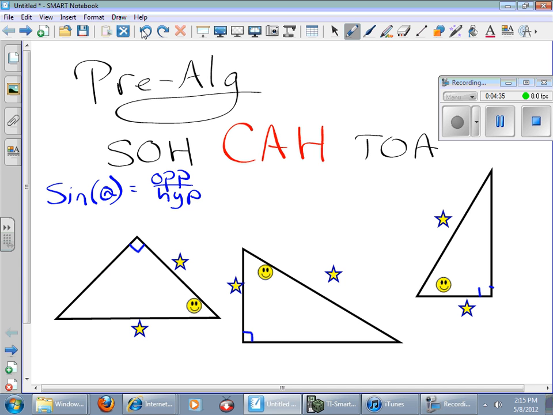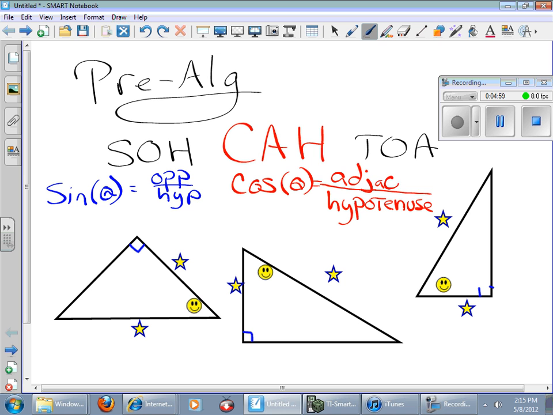And the Ka stands for the cosine of theta. That's going to equal a fraction. H is still the hypotenuse. Now, the A is an A word that means next to, and that is adjacent.